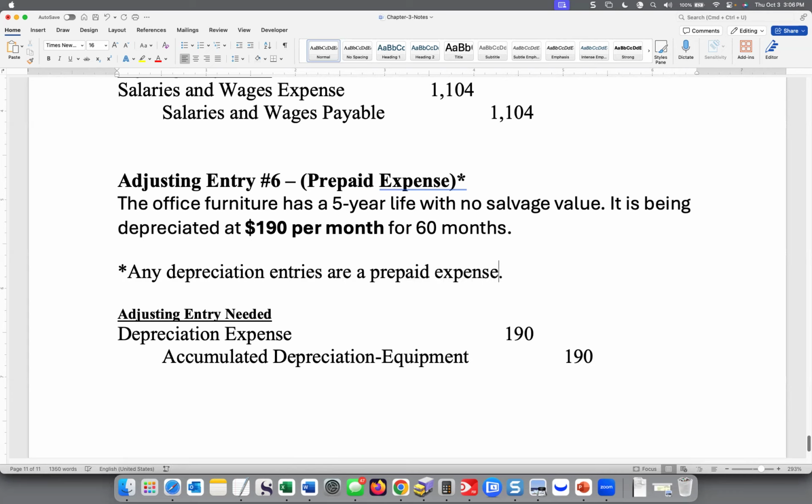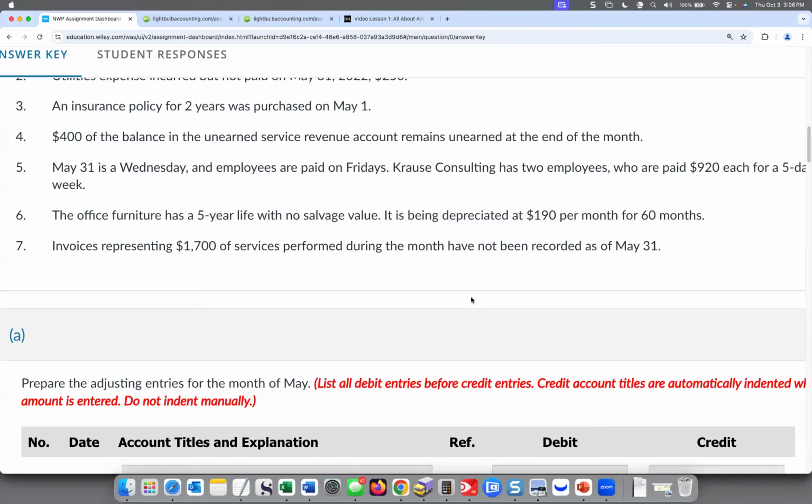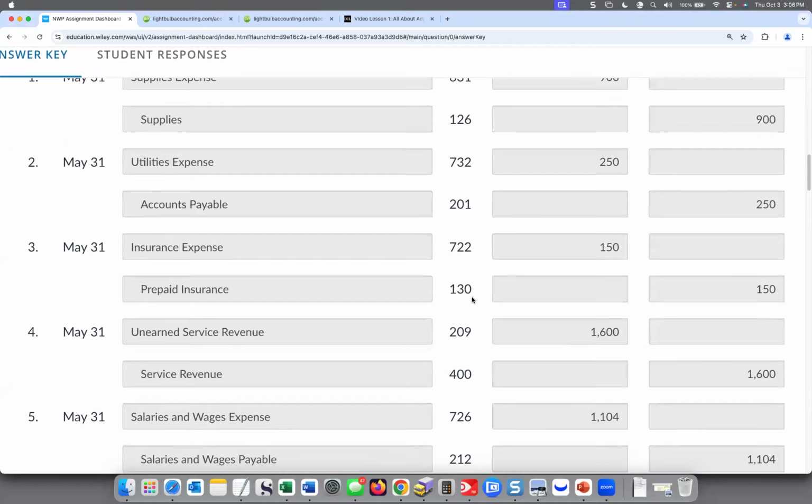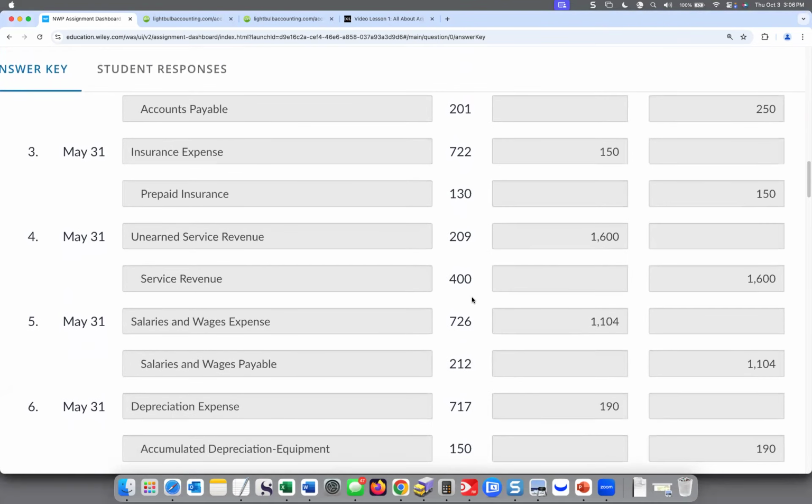So this gives you a little fact that if you remember this, you'll never have to wonder again what type it is. All right, so we got our numbers in there, we got our accounts, and of course, let's see how that looks in Wiley Plus. Exact same thing. All right.